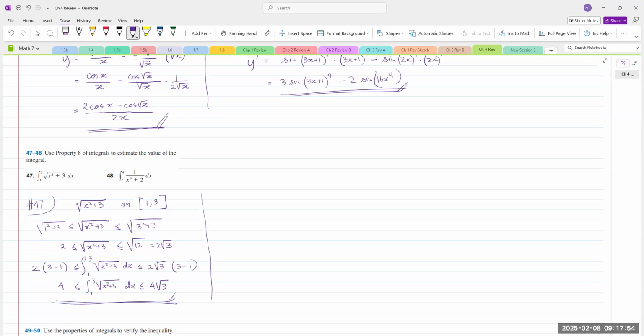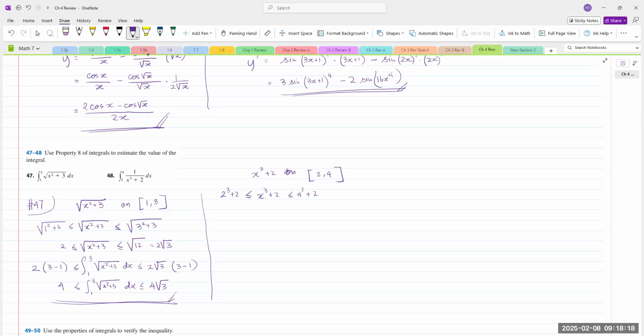How about number 48? Now, x cubed plus 2 on that interval 2 to 4. Again, it's an increasing function, so x cubed plus 2 must be between 2 cubed plus 2 and 4 cubed plus 2. Is it right?